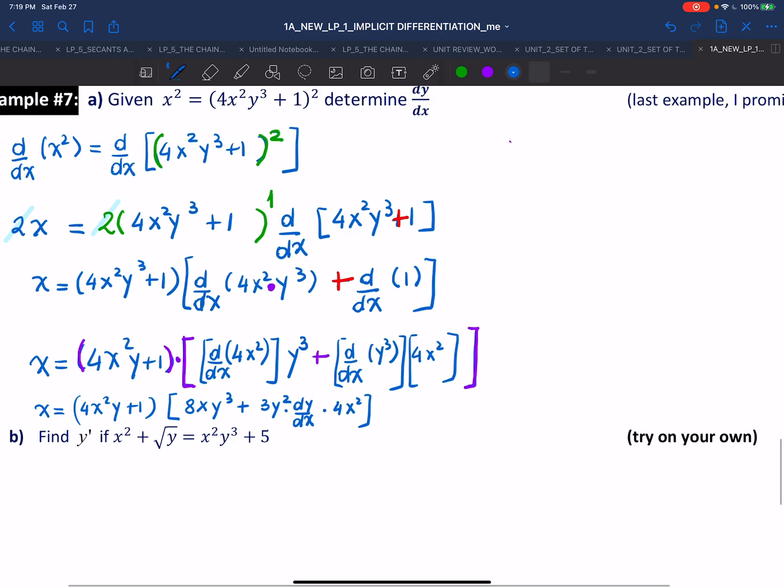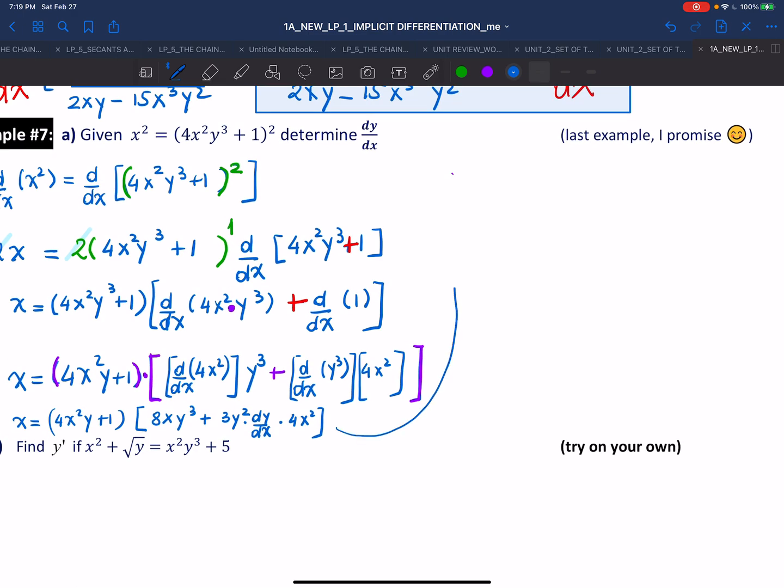Okay, so I'm going to take a little bit of space here. So we have x on the left side equals 4x squared y cubed plus 1 and 8x y cubed. I will simply rewrite this because I want to have it in one place, plus 3y squared.